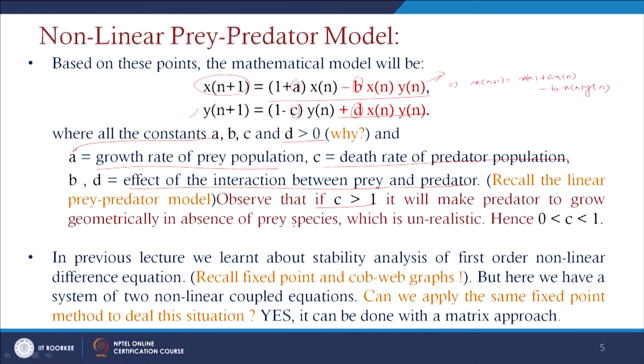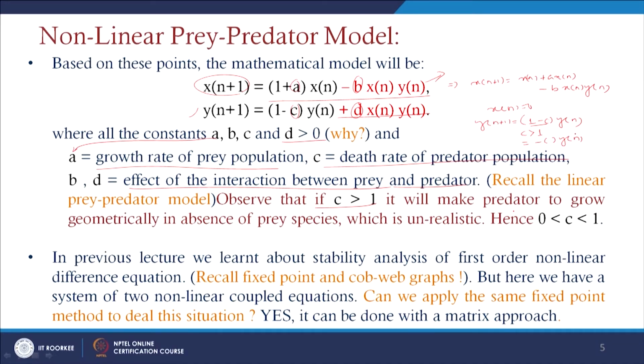Then we have y_{n+1} equal to 1 minus c times y_n. If c is greater than 1, this gives a negative factor, so a negative of some constant times y_n.